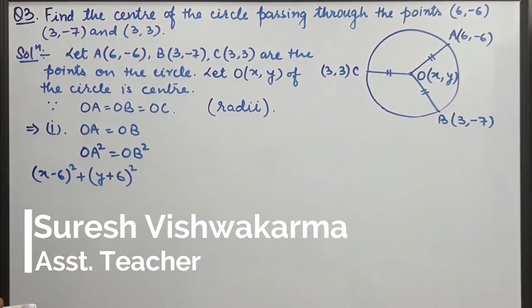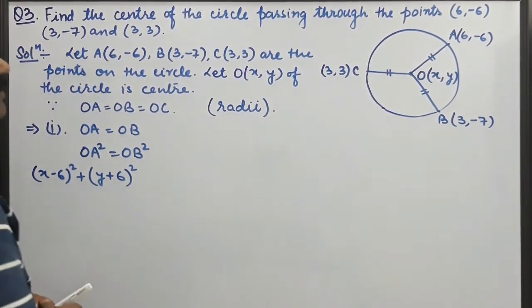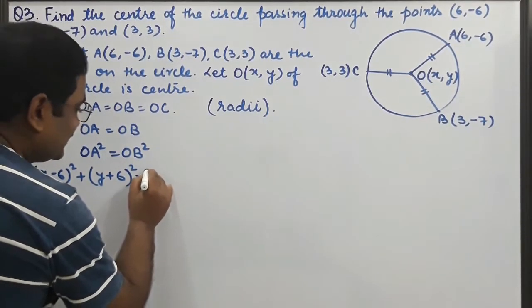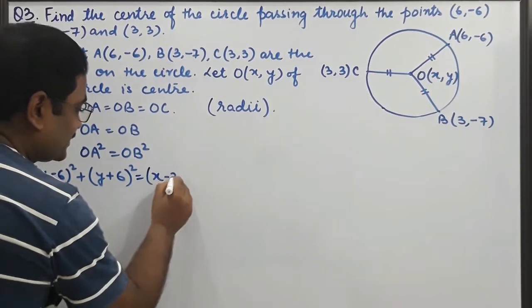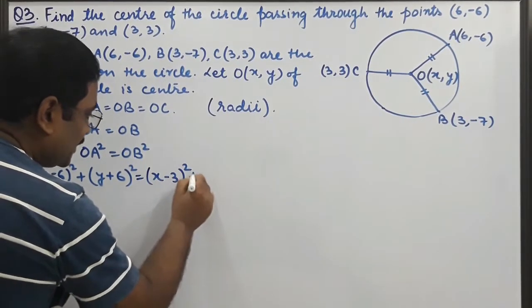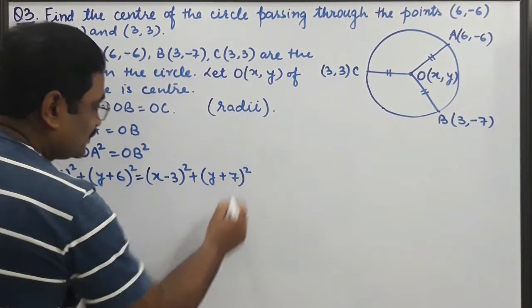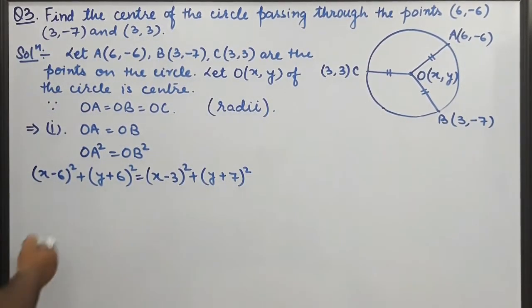Right? Afterwards, the measure of OB square, that is (x - 3) whole square plus (y - (-7)) whole square. Let us square both sides.